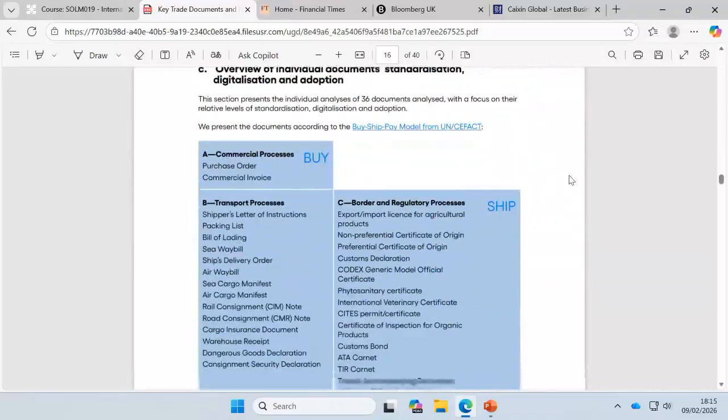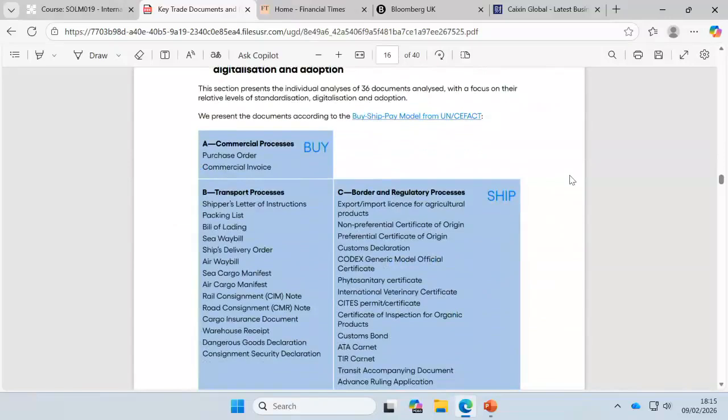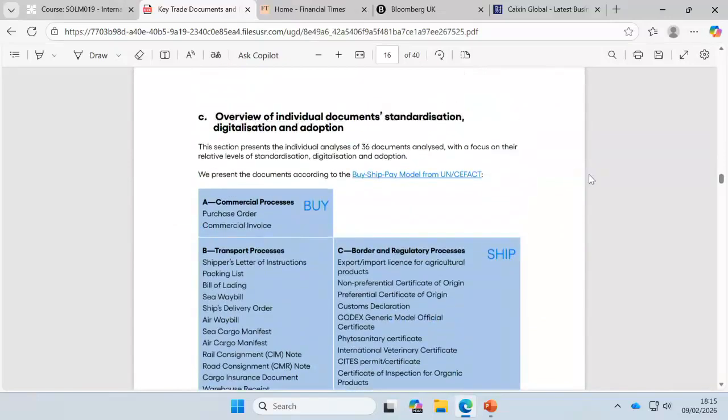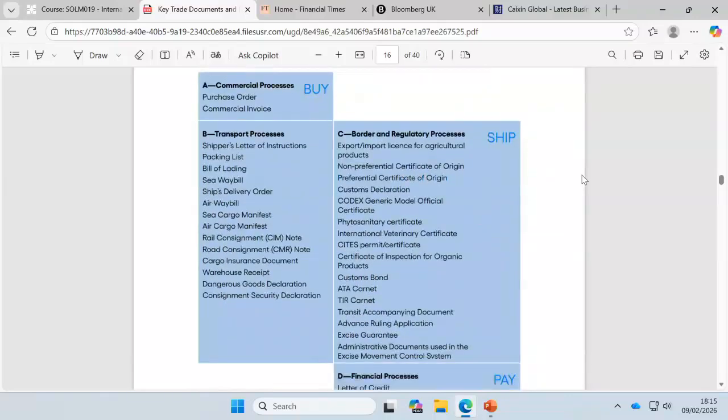This chart essentially breaks those standardized documents, and they focus on the 36 most widely used documents, into those three big categories that we've just looked at: buy, ship, and pay.